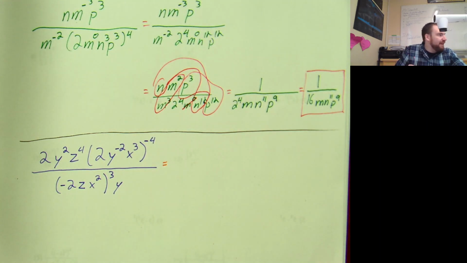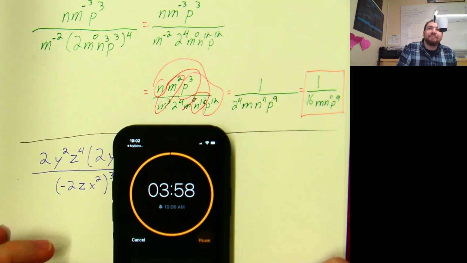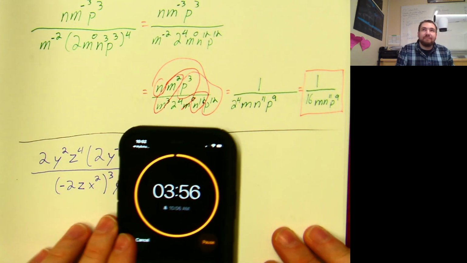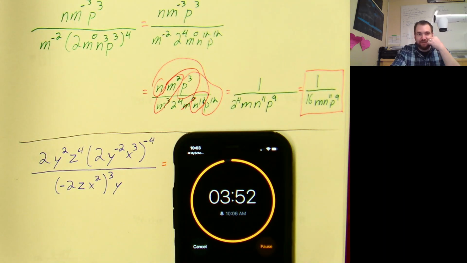You've got 4 minutes to make some progress. See what you can do with this. And we're going to do this. There we go. Bam. See what you can do.